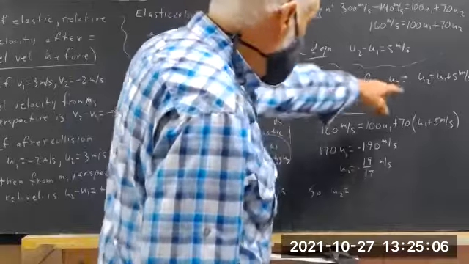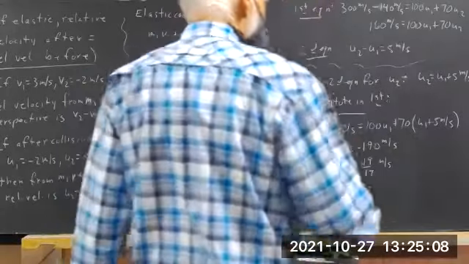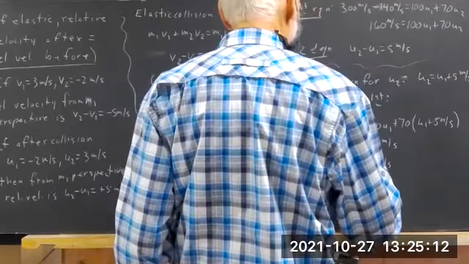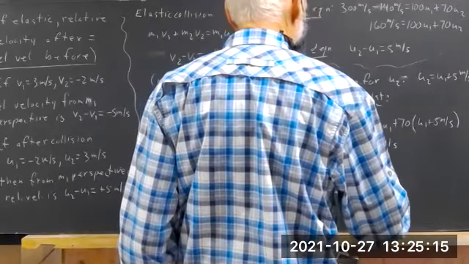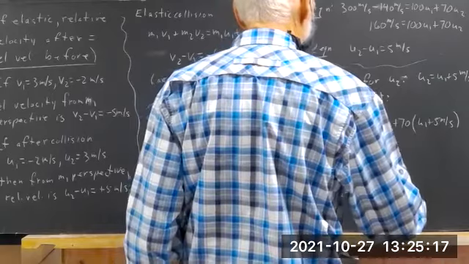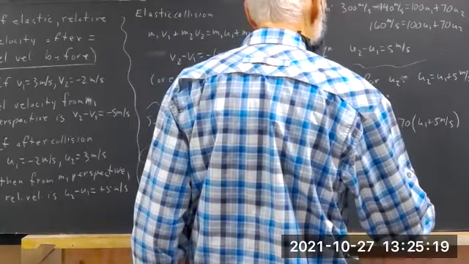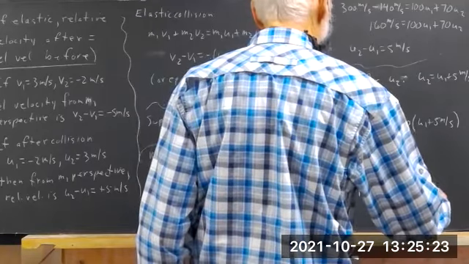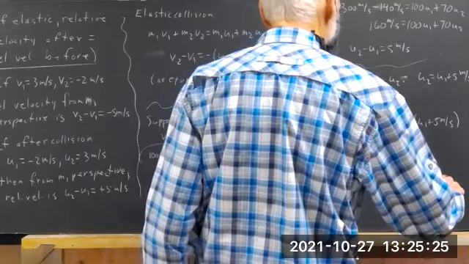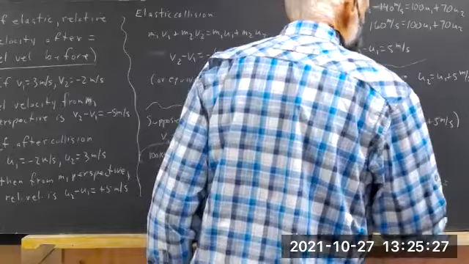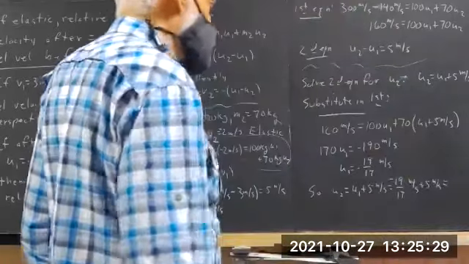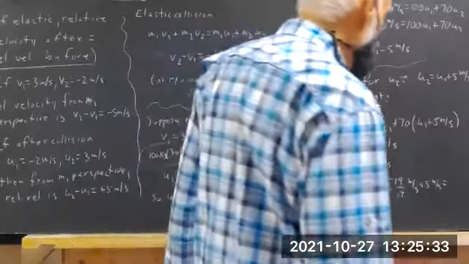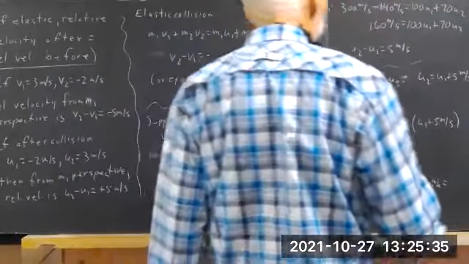Got that? So U2 has to be U1 plus 5 meters per second. And 17 times 5, everybody knows, is 85. Subtract 19, you get 66.